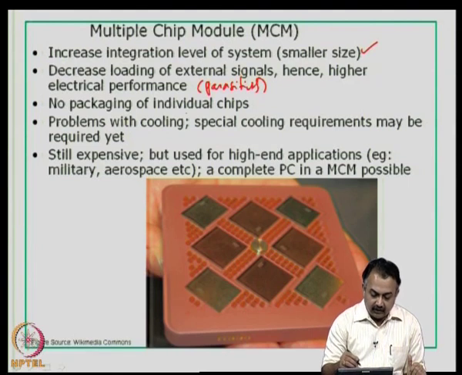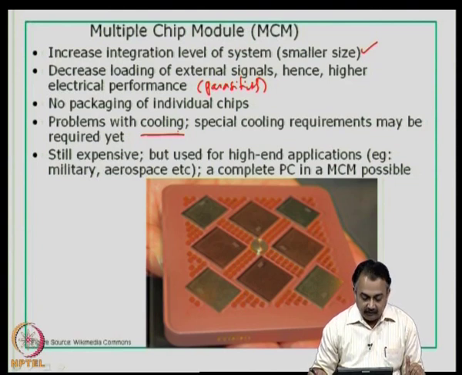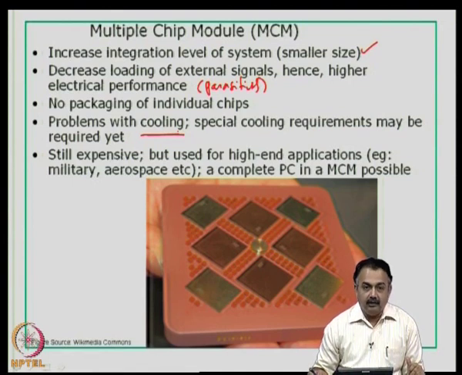As mentioned earlier, there is no packaging of individual chips. There are going to be problems with cooling, because you are trying to integrate a lot of chips on a common substrate. Therefore, you will be met with problems in thermal management. So, that has to be handled carefully.